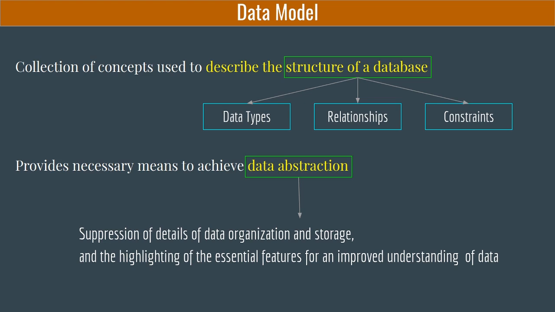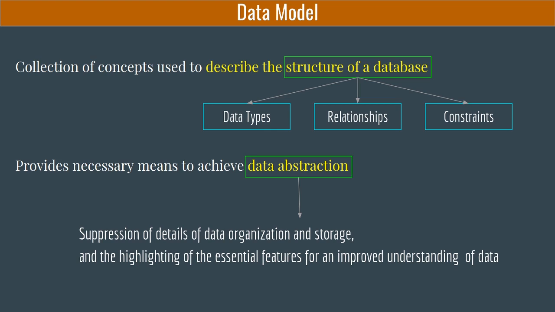But I want the details of essential features of data. So it is the suppression of details of data organization and storage, but the highlighting of essential features for an improved understanding of data. If we think about how the data is stored, we may not get a complete understanding of the data. So those details should be hidden from us, and only the details which are essentially needed will be presented to us. That is called data abstraction.